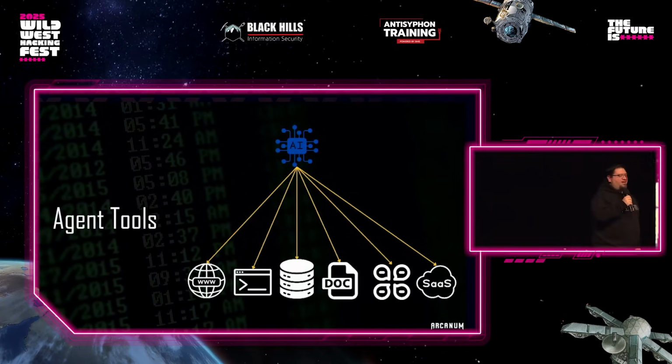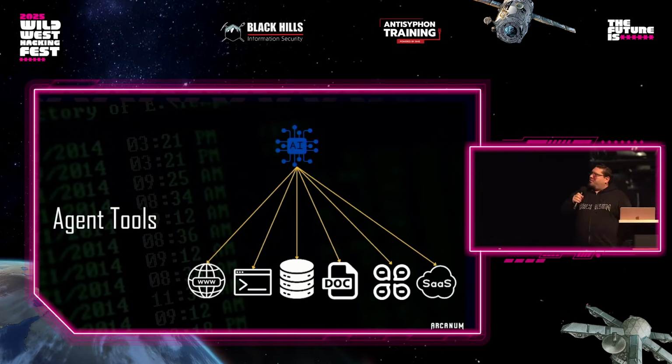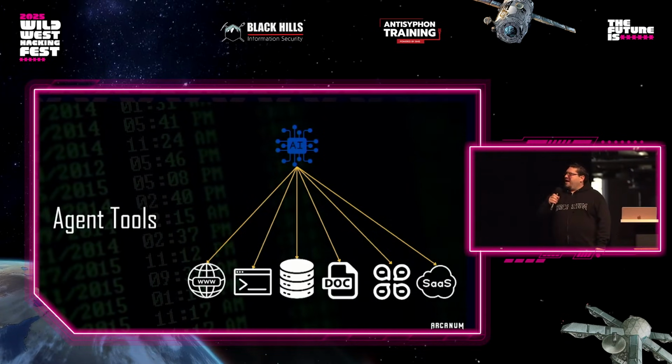These agents have access to these other systems as well, and this is where a lot of our attacks end up trying to get to. We want to get to these agents and have them do bad things.